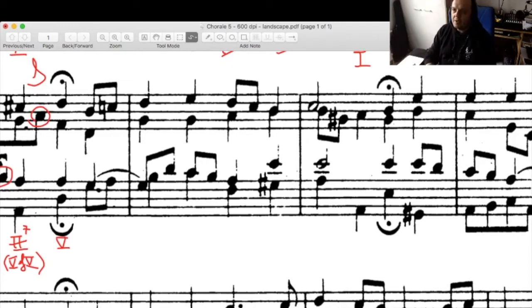Tune. Right. I mean, diatonic tune, but the harmonies go somewhere else.